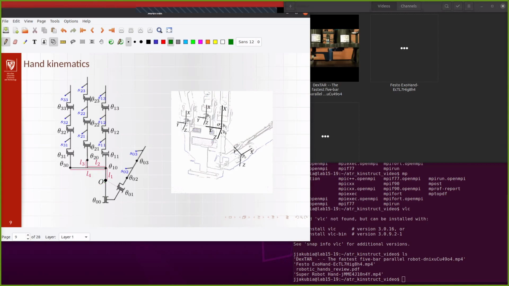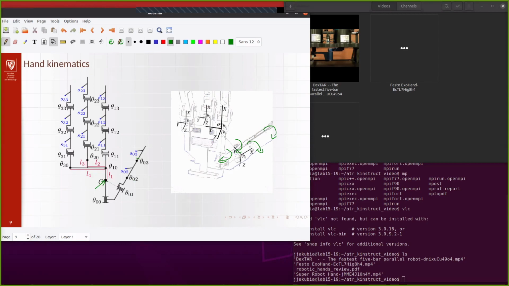If we treat this point O as a center, the thumb has one rotation around this axis. Then you have this rotation, and so on.